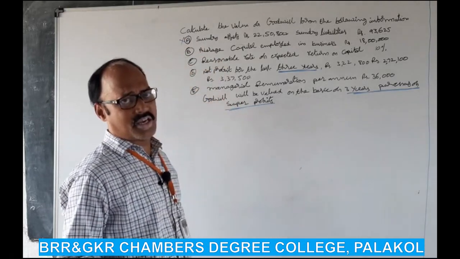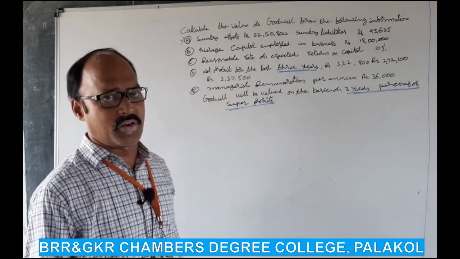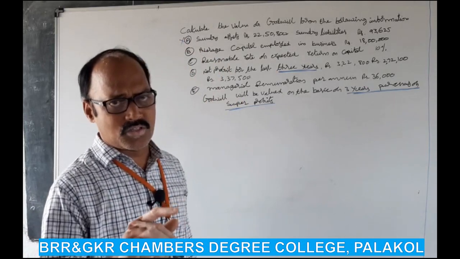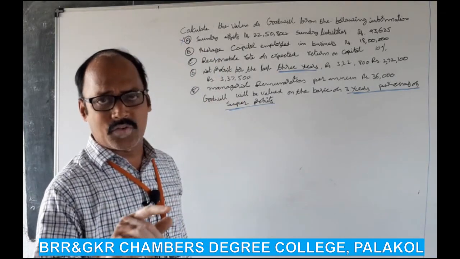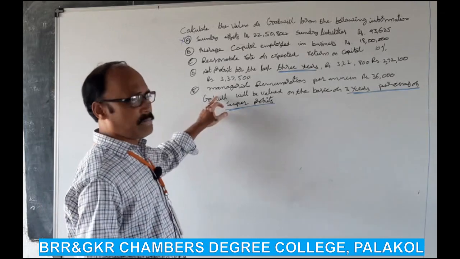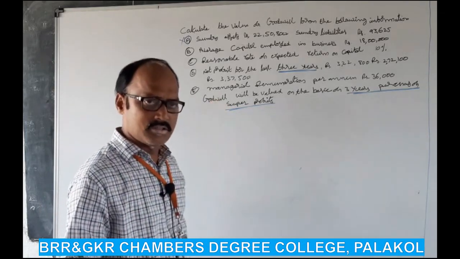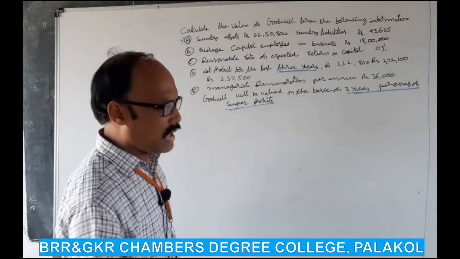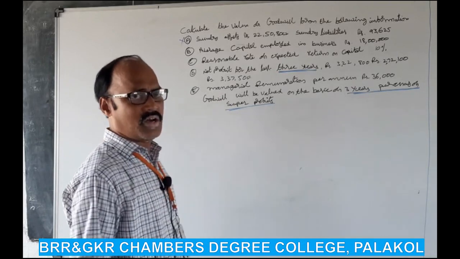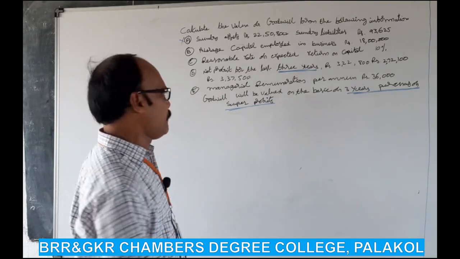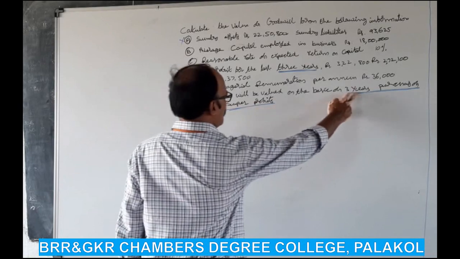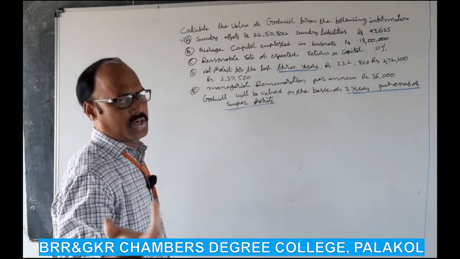Super profit is equal to average profit minus managerial remuneration minus normal profit, since managerial remuneration is available in this problem. That is the principle for calculation of super profit. Goodwill is equal to 3 years purchases of super profit.